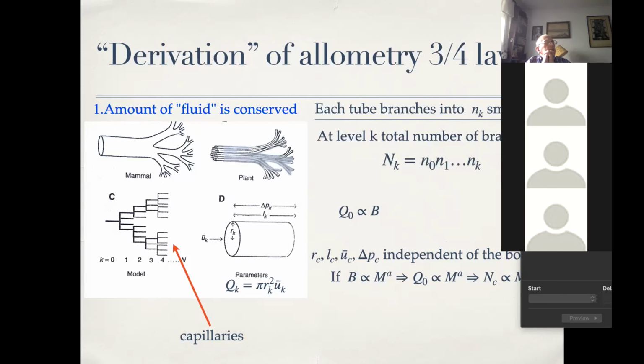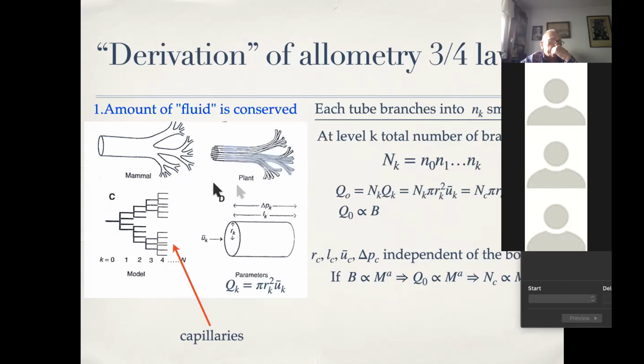So at the level k, for example here, the total number of the branches is a product of the numbers from the first zero level to the level k. So in the zero level, there were N_0 pipes. On the level 1, there were N_1, and on the level k, there are N_k. So the total number of branches is capital N, which is a product of those.